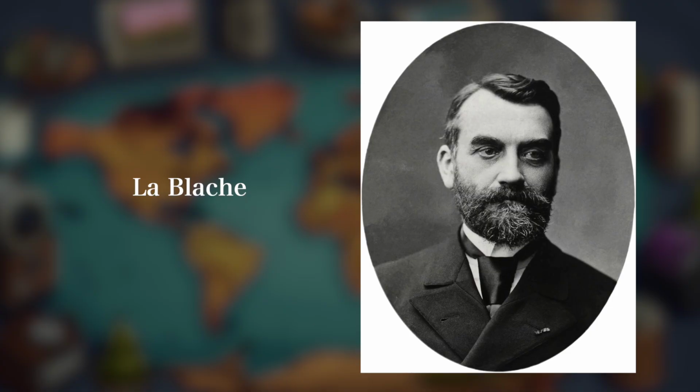Vidal de la Blache started a regional school in France during the early 20th century and focused on the relationship between humans and their immediate surroundings by examining small homogeneous places popularly known as pays.